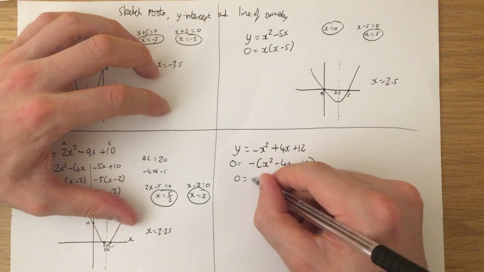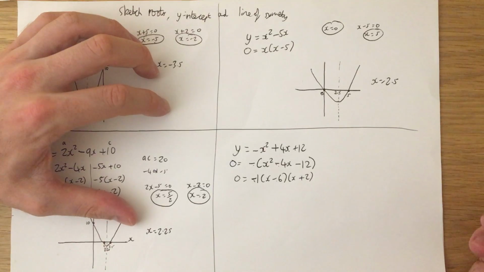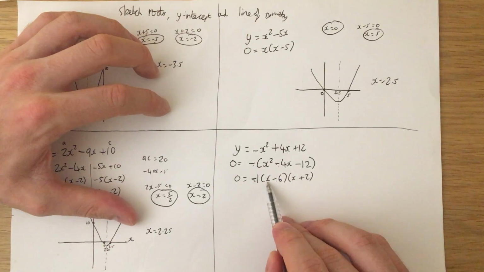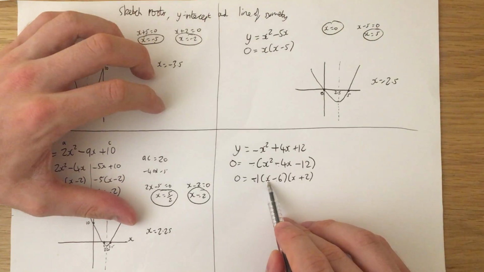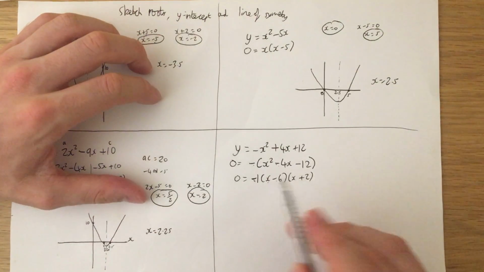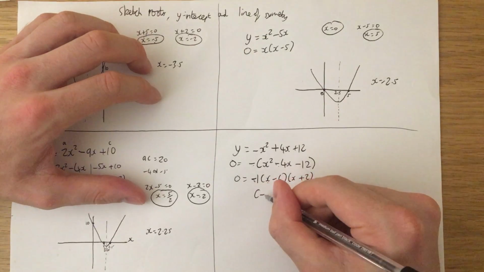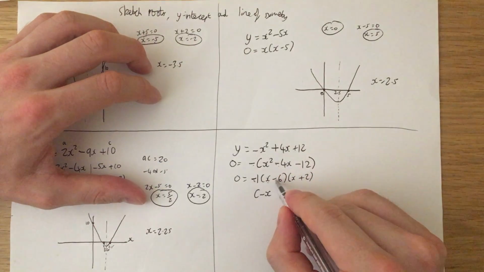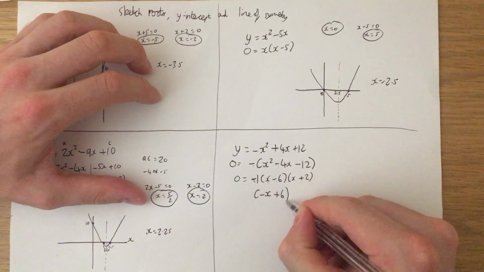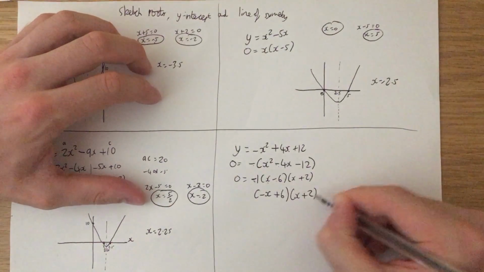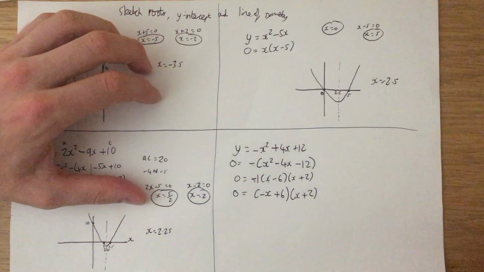So I put a negative 1 there, just because it means the same thing. Negative 1 times x is negative x. Negative 1 times negative 6 is positive 6. So I'm left with this.